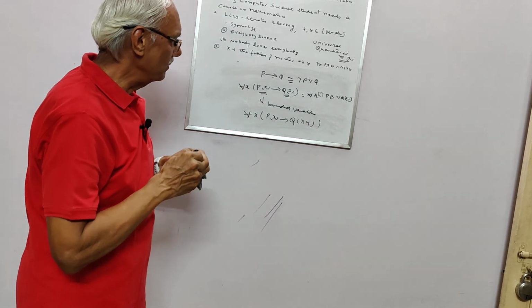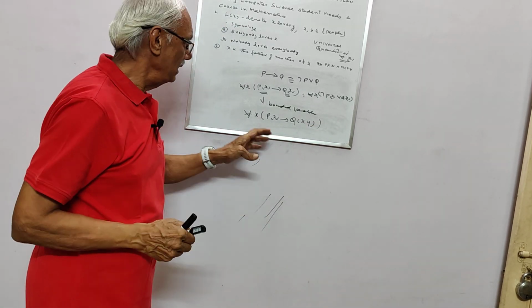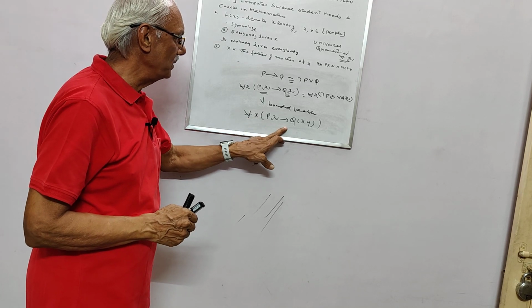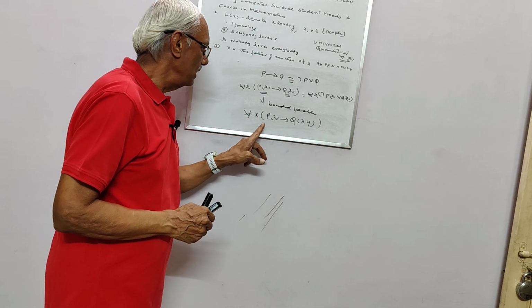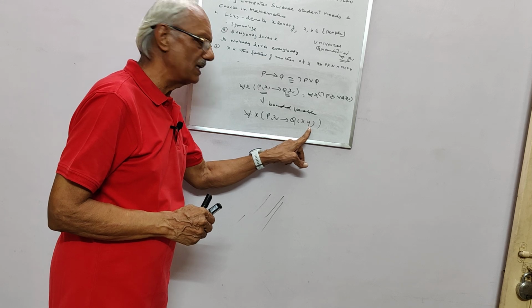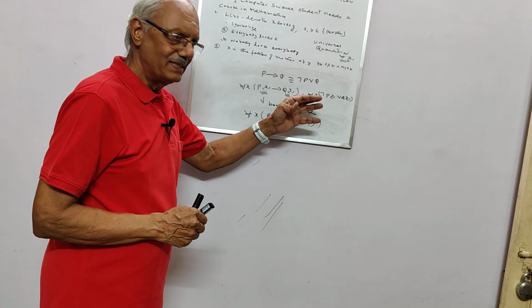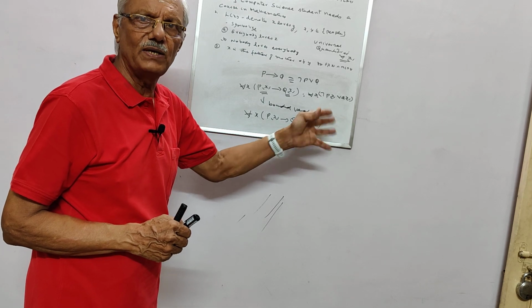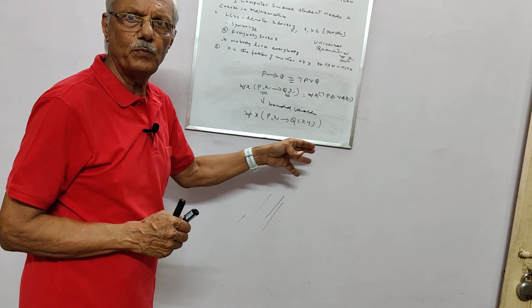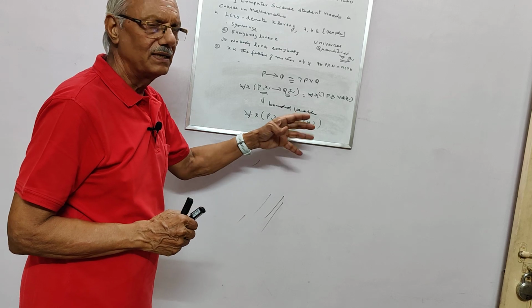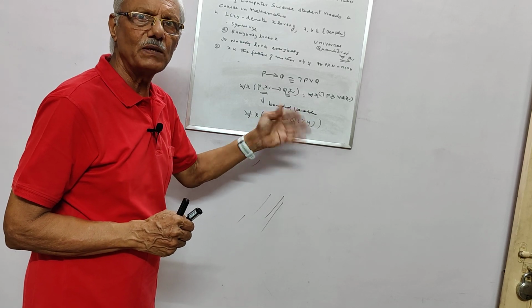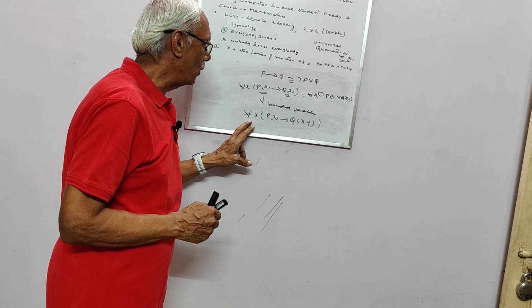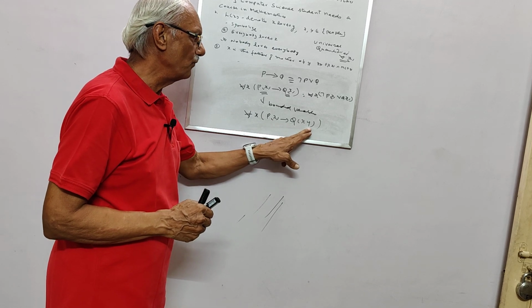Now you see that I have written something here. See, for all x, p of x implies q of xy. Here you see that there is one more variable that has come. Let us not bother about that. Let us say that there is a variable, and that variable plays a role in this. Let us not bother about what it is, because I am giving an example. So you see that for all x, p of x implies q of xy.